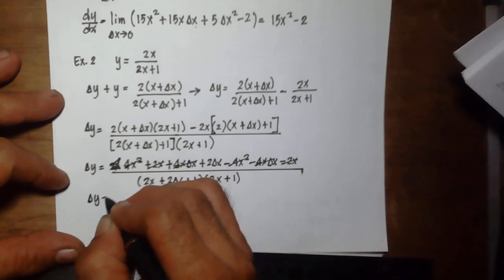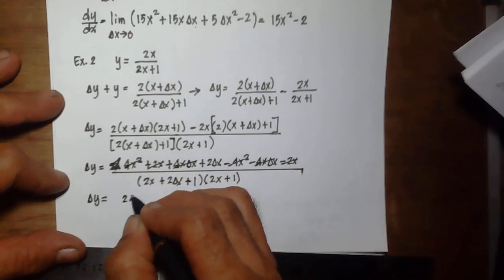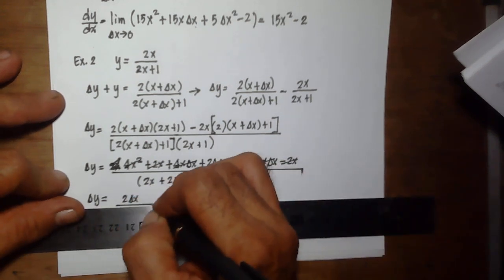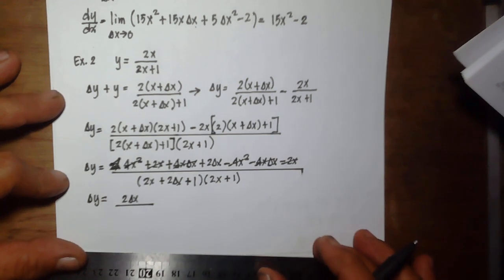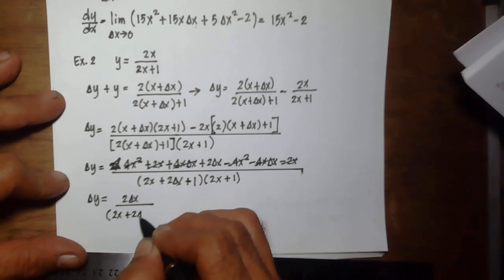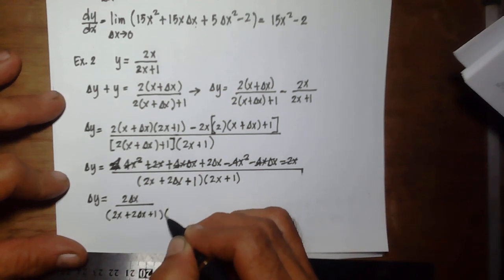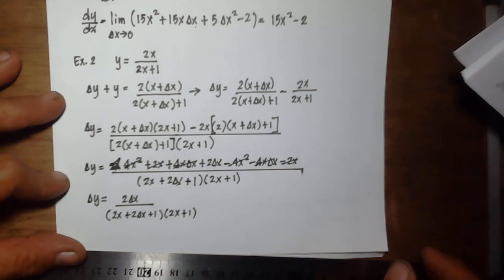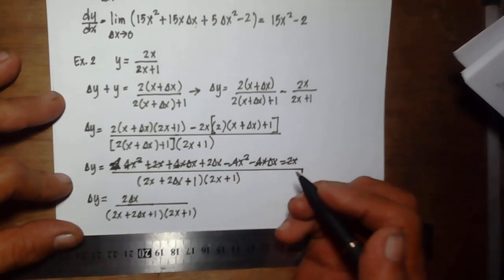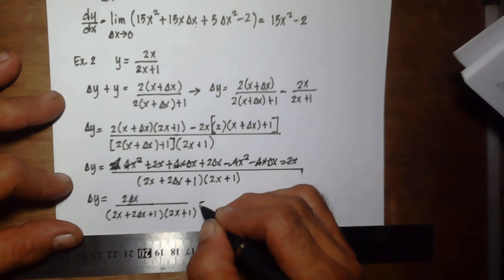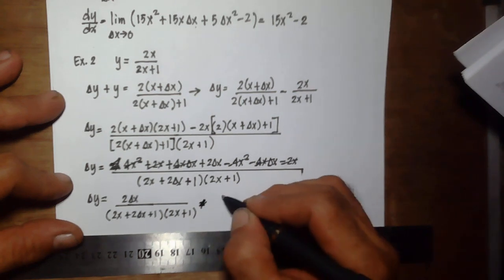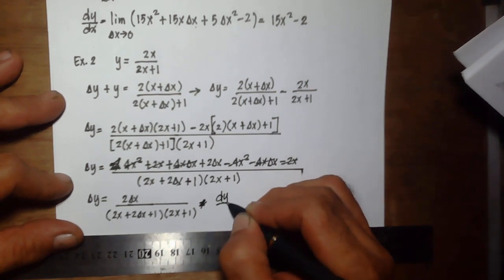So we have the delta y as 2 delta x over this denominator, 2x plus 2 delta x plus 1 times 2x plus 1. So we make this division line longer. Now we solve for dy dx.